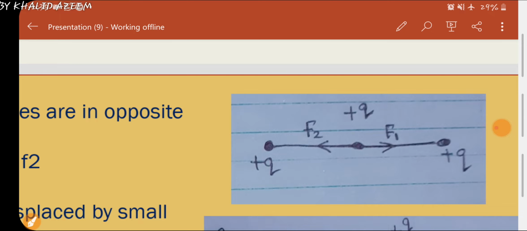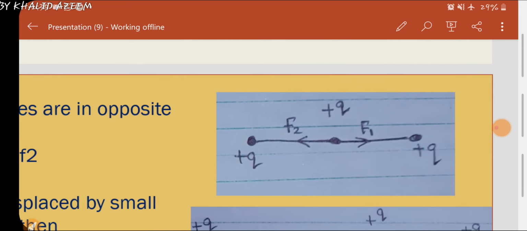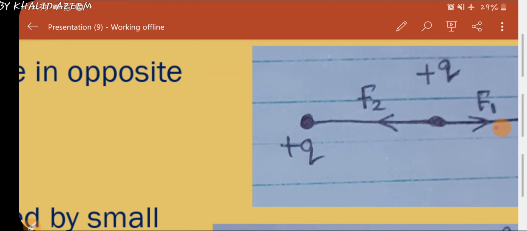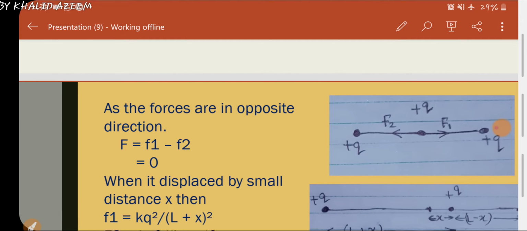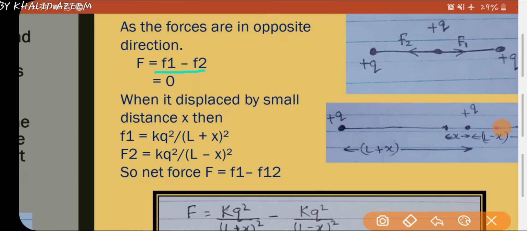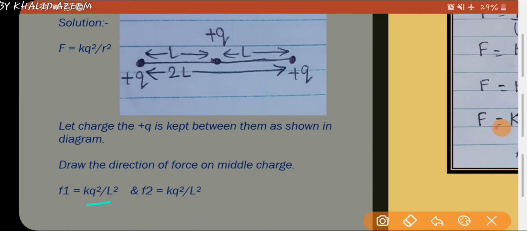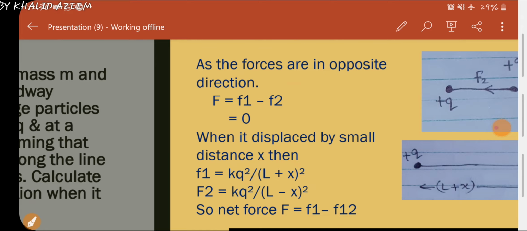So as we can see, the forces are in opposite directions, so their resultant will be calculated by their difference. So F equals F1 minus F2, and as F1 and F2 are equal, their resultant will be 0.